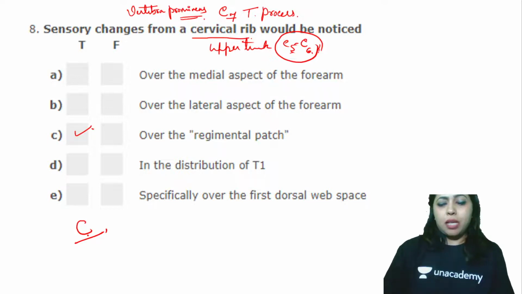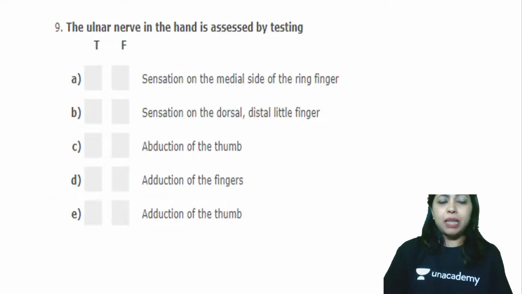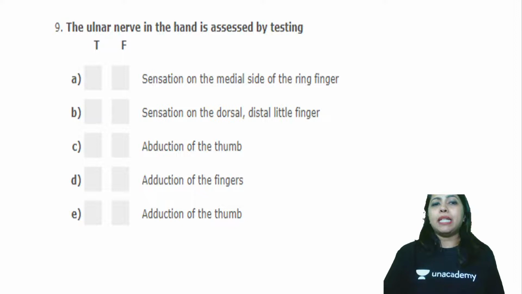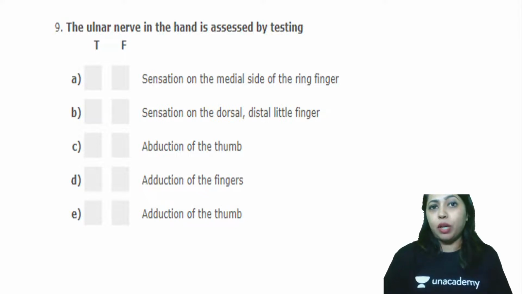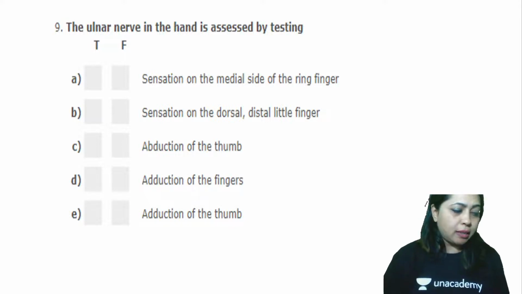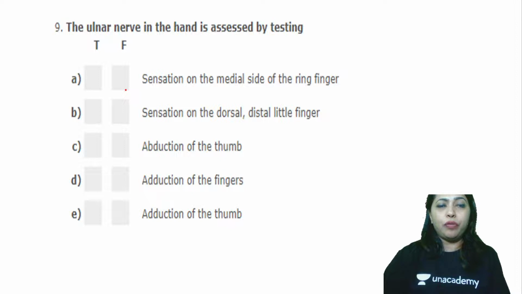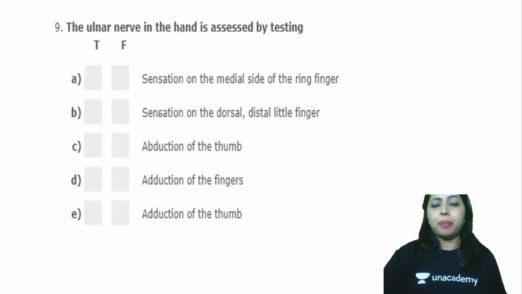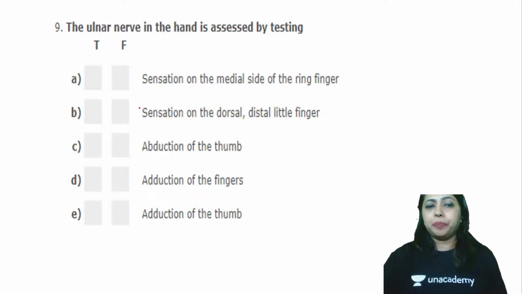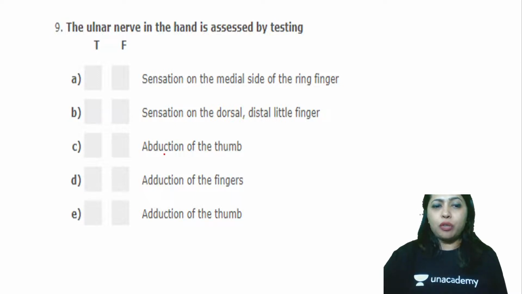Okay. Next one. The ulnar nerve in the hand is assessed by testing... What test do you do to assess the ulnar nerve? So here, there is sensation on the medial side of the ring finger, ulnar nerve, sensation on the dorsal and distal part of the little finger, and abduction of the thumb.